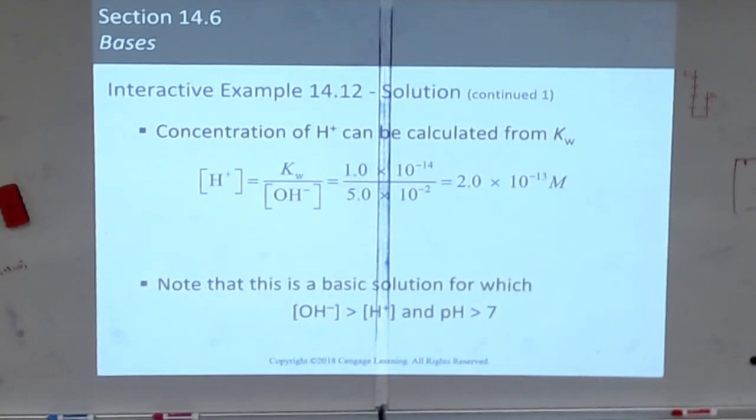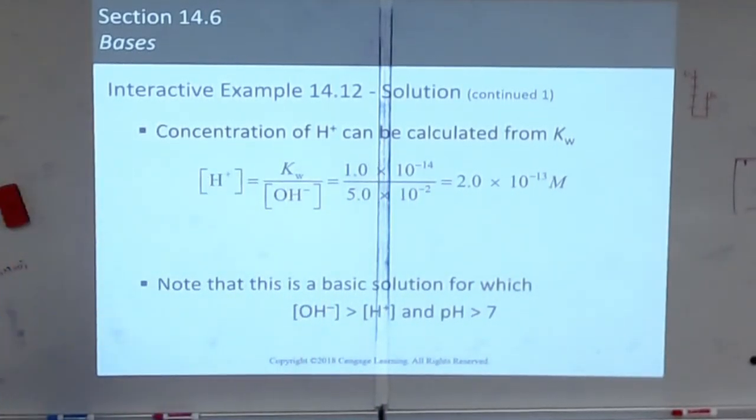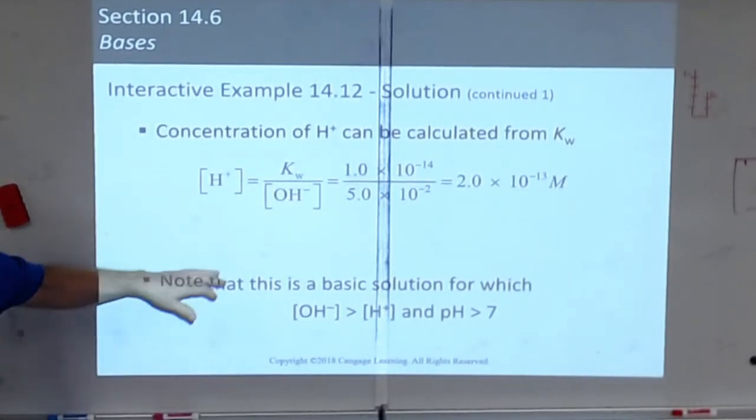Now, y'all probably remember calculating, well, not y'all, because y'all were lazy. Somebody might have actually done some work. You could have calculated this based on the pOH and then subtracted from 14. This is the math that goes on.